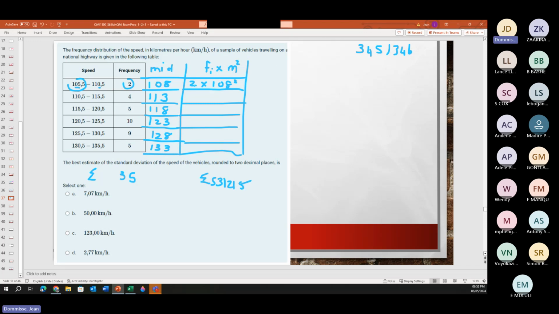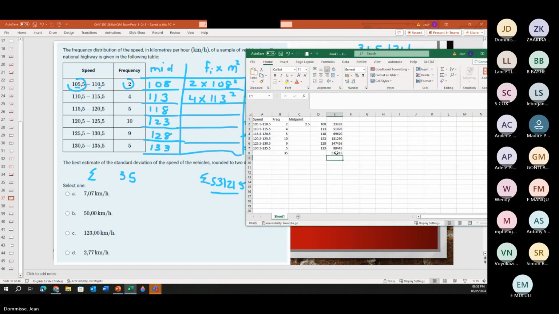You would need to multiply that out, say 4 times 113, get that answer. So it's a lot of calculation work on the calculator. You could write that down as you work it out, and then if you do the sum of that, it will give you 531,215. So it is a big sum, because it is big numbers that we are working with.